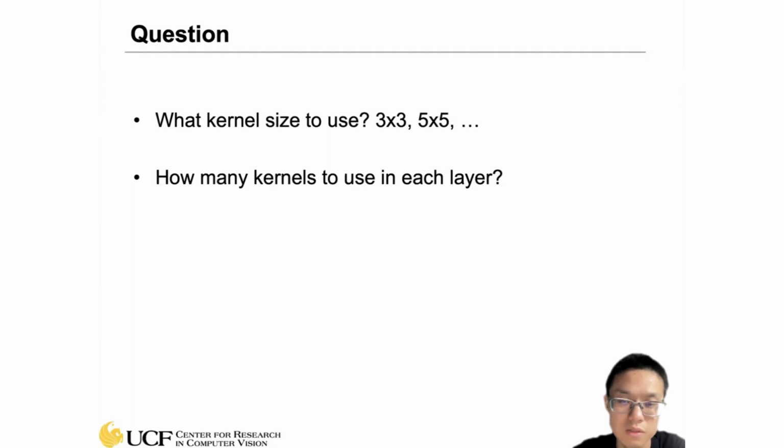How many layers to use, how many kernels or filters to use in each layer, and what the kernel size is have been predefined. So you basically just have to use them. You don't have to redefine them yourself unless you want to build a customized network. Then these are the things you have to think about. Okay.